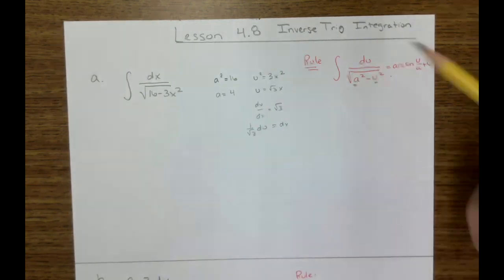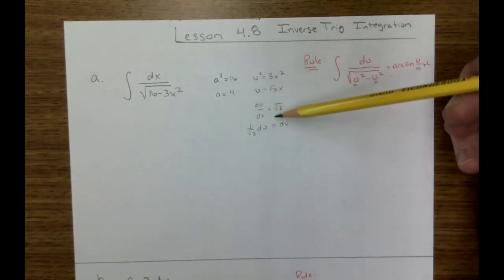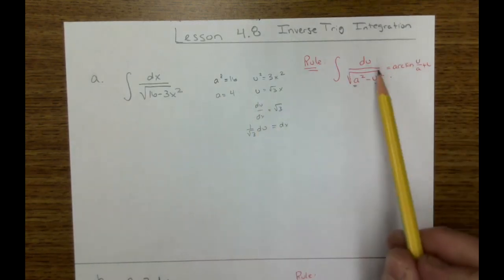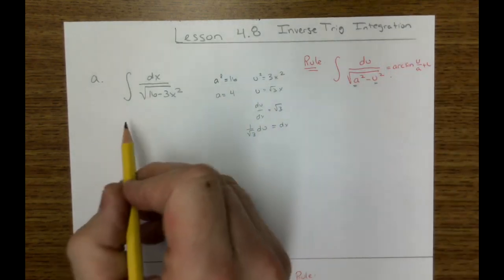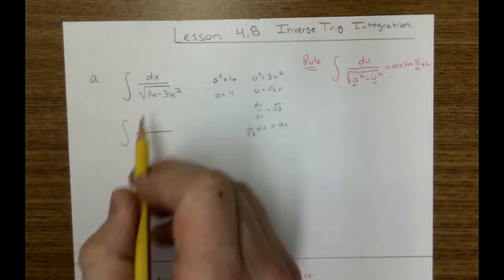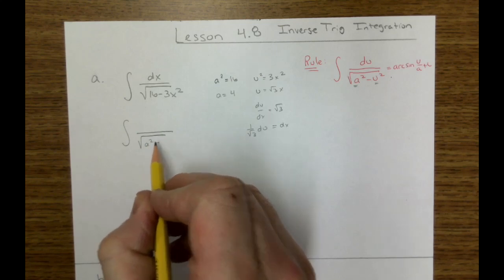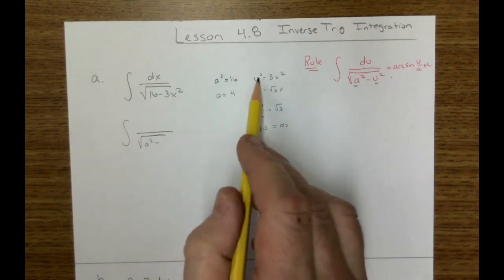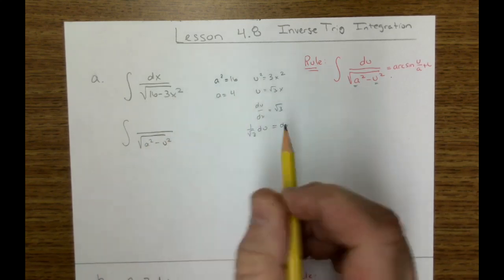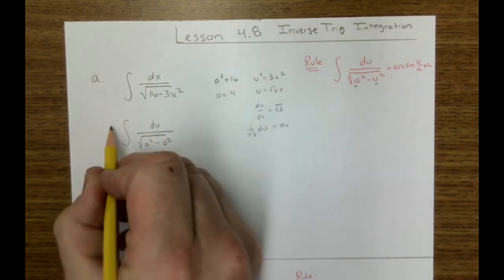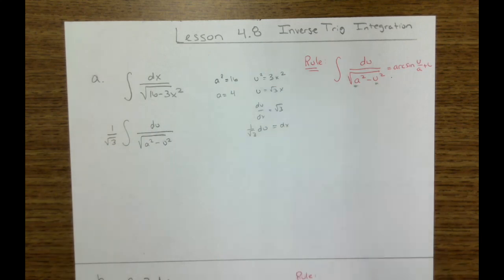So now I have these 1, 2, 3, 4, 5, 6 different lines, and I bet out of these 6 different lines I can make it match that and do my work. So ready? Integral, fraction, square root, not 16 but a squared, minus not 3x squared but u squared, not dx but du, with this constant out there.